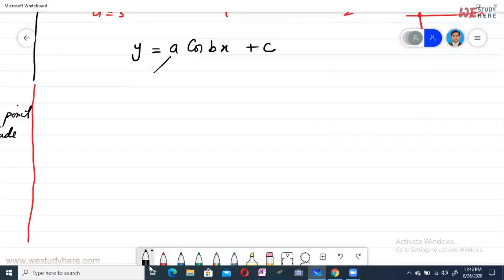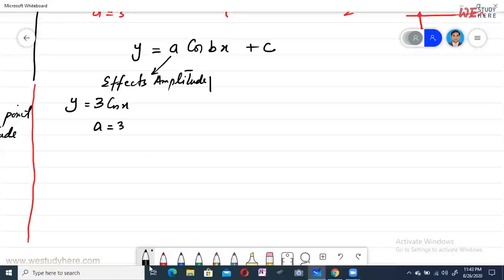In cos also this a affects the amplitude in the same way as it is working in sine x. Suppose there is 3 cos x, then amplitude here will be 3. Y is equal to 3 cos x, amplitude will be 3 here.